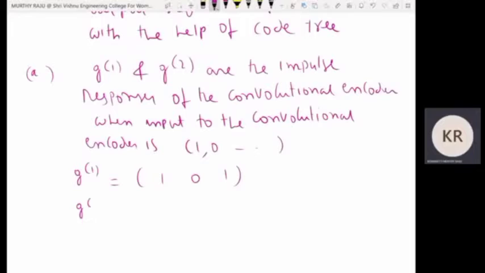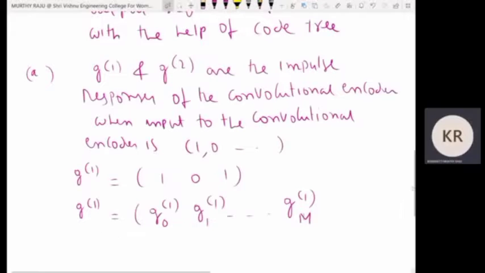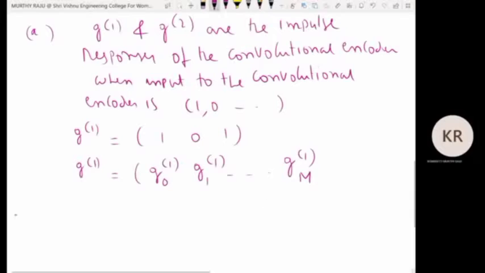General way of representation of G of 1 is equal to G0 of 1, G1 of 1 and so on, up to GM of 1. In this case, three bits are given.